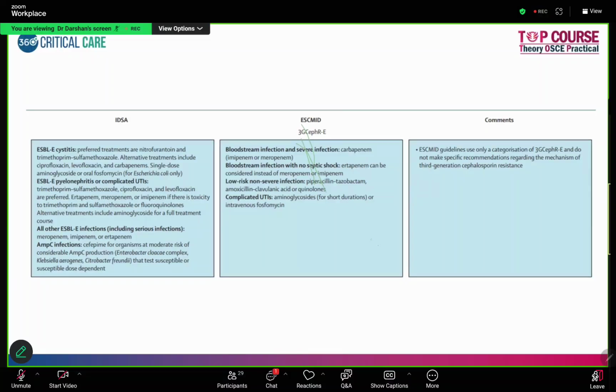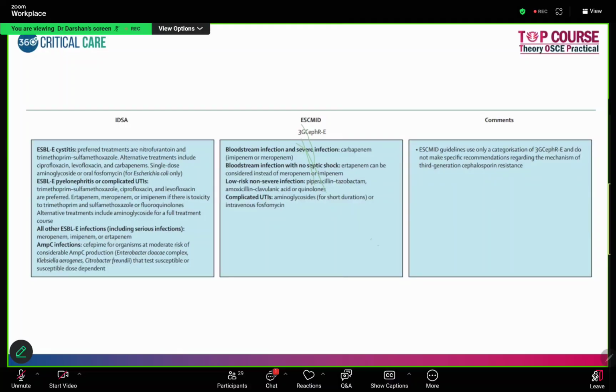If it is UTI, you can still use trimethoprim-sulfamethoxazole or fluoroquinolones. If it is pyelonephritis, also you can use trimethoprim-sulfamethoxazole or fluoroquinolones. In these cases, if for some reason you're unable to use these drugs, then again you can choose carbapenems.